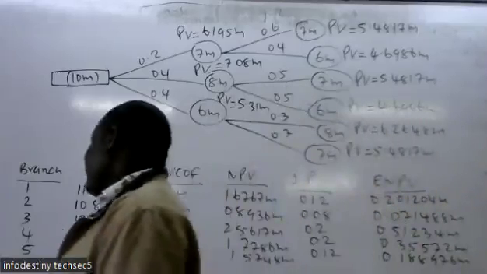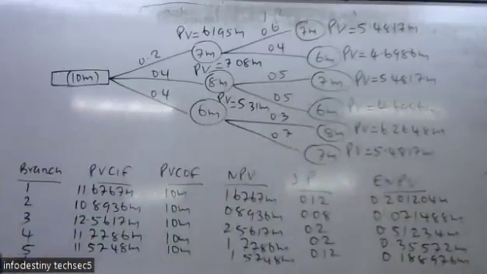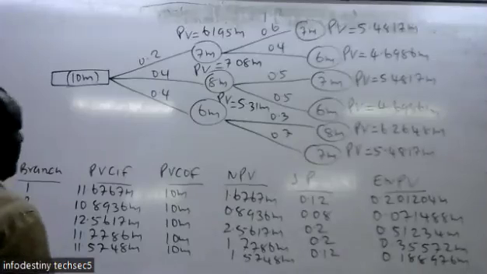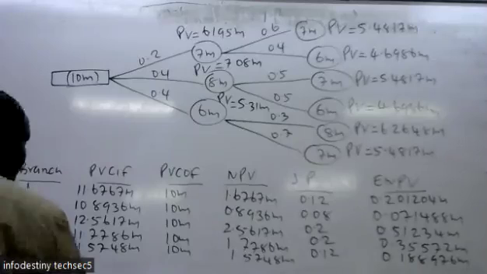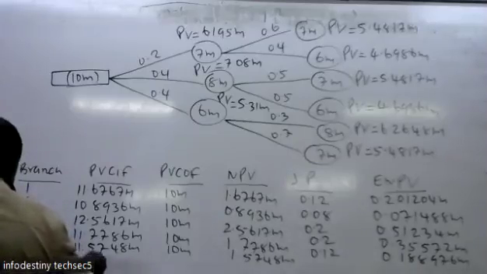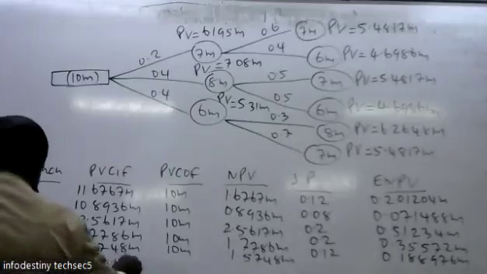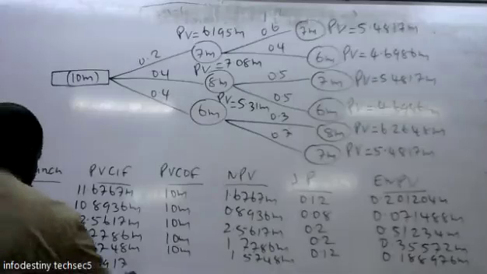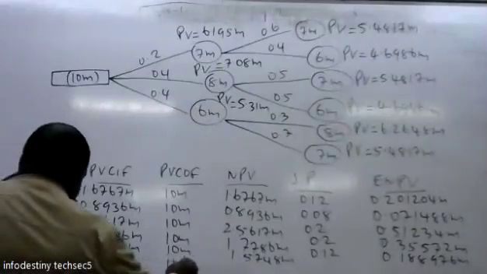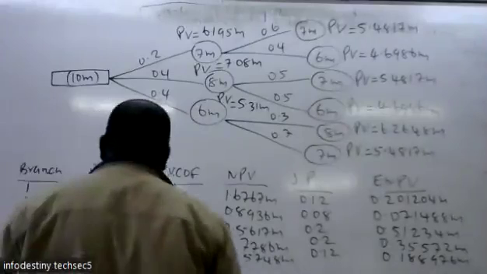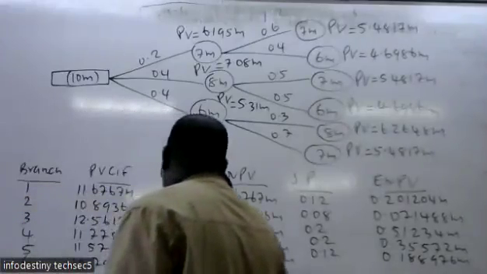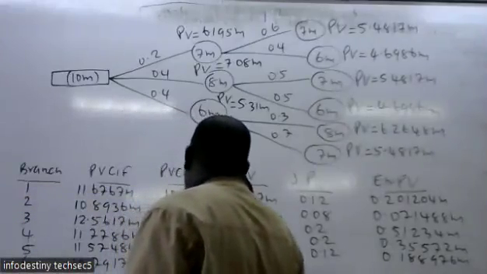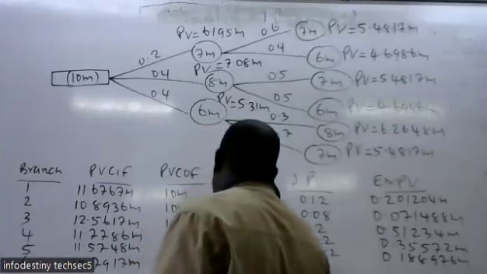So finally we go to branch 6. You add 5.31 plus 5.4817. That should give us 10.7917. This one is still 10 million. So that means we have 0.7917.